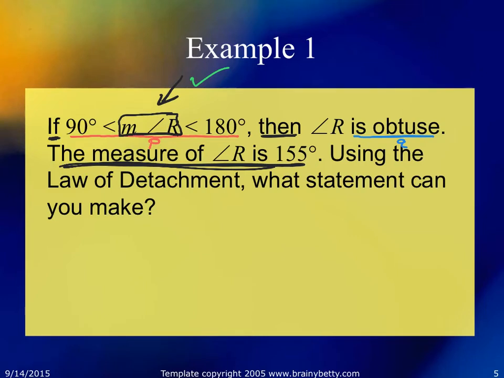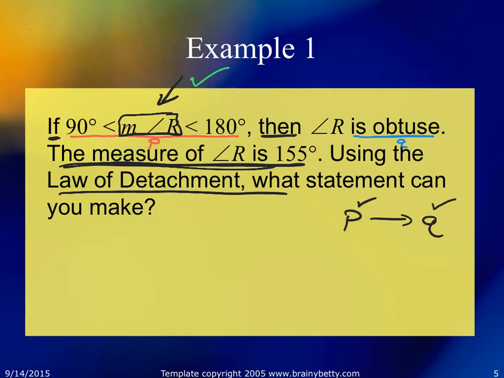It's obtuse. Now you might be like, well, I just know that 155 degrees is obtuse. Yes, but you used logic to get there this time. Instead of just using a straight definition, you said, I use the information that if angle R is between 90 and 180, then it must be obtuse. And they gave me the piece of information that angle R is 155, then using the law of detachment that says if the first thing is true, well then it must be that the second thing is also true.